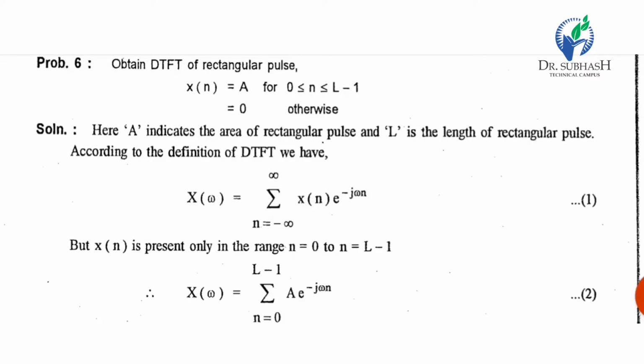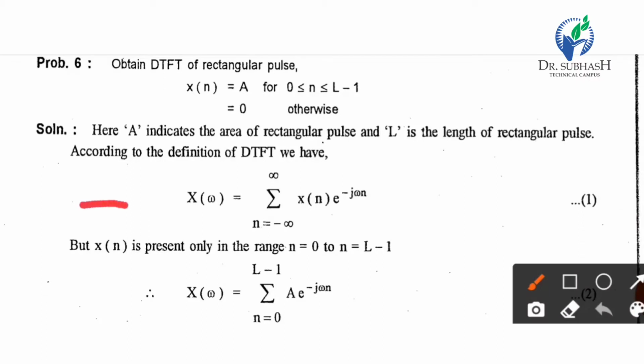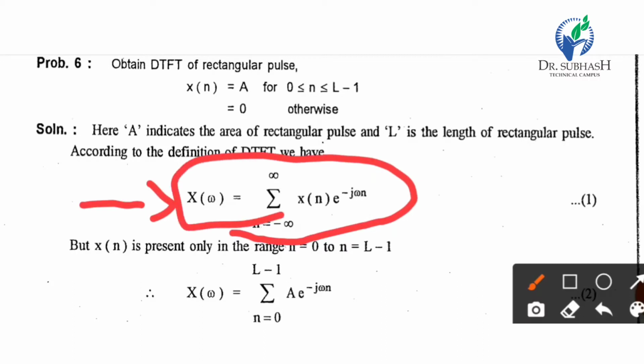According to the definition of DTFT, we have X of omega equal to summation n equal to minus infinity to infinity x of n e raised to minus j omega n.